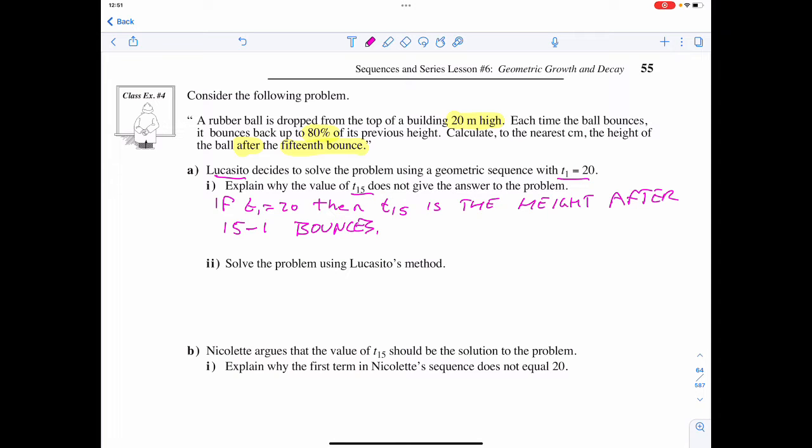Remember, in term 1, that's my starting height, I dropped it, it hasn't bounced at all. I can't use that as after one bounce, it was 20, which means that if I'm going to do this process, then the 15th bounce doesn't represent T15, then 15 would be the n minus 1 bounce, which means that n should actually be 16.